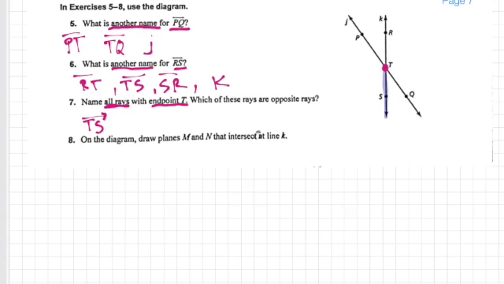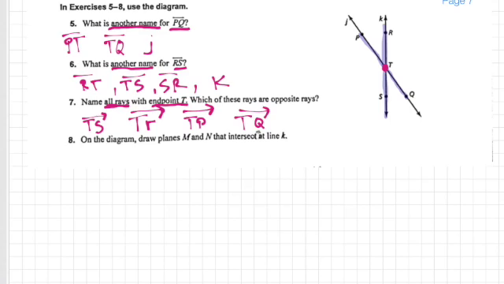That's a ray. We could also say here, TR. That's a ray. Then we could say TP. That's a ray. Then we could say TQ. That would be the last one.